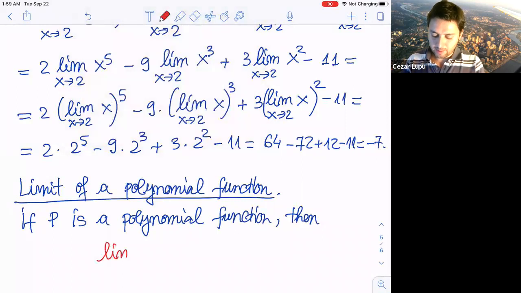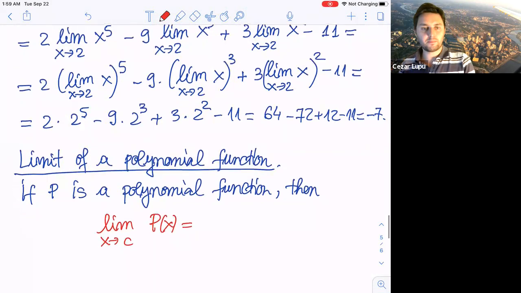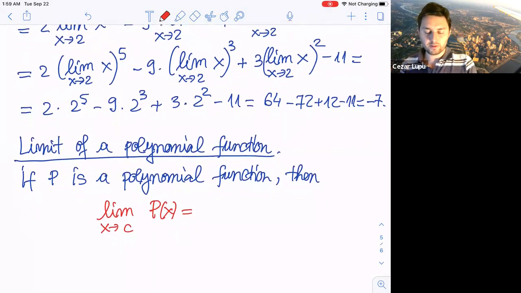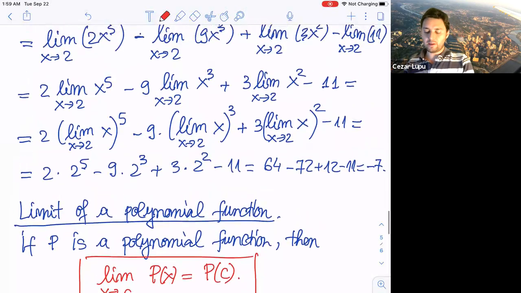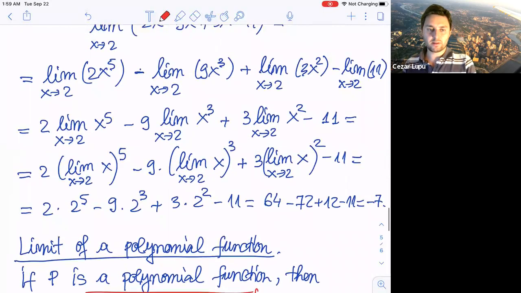The limit as x approaches c of p of x, where p of x is the polynomial function that I mentioned, is nothing else than just p evaluated at c. That's it. And the example above illustrates that perfectly.